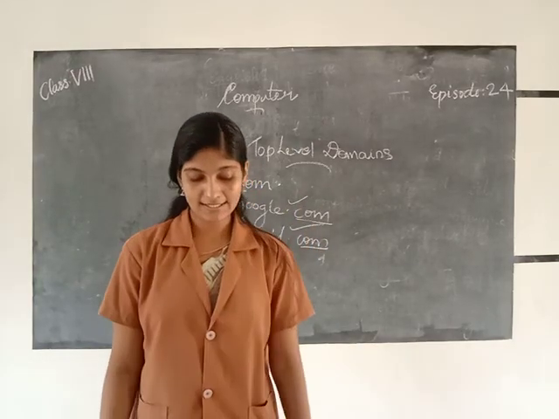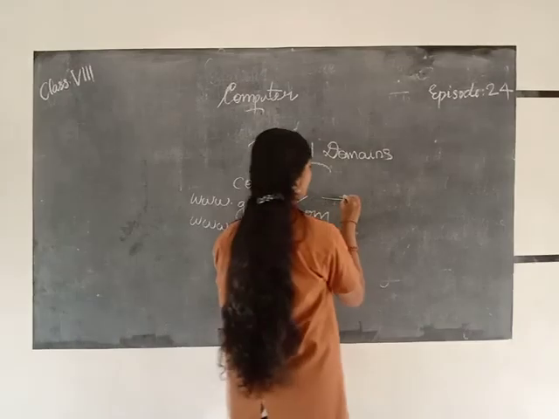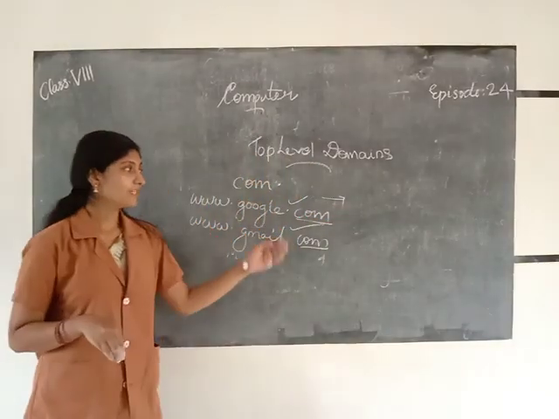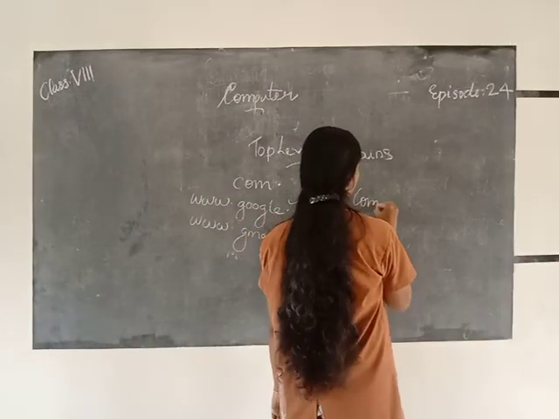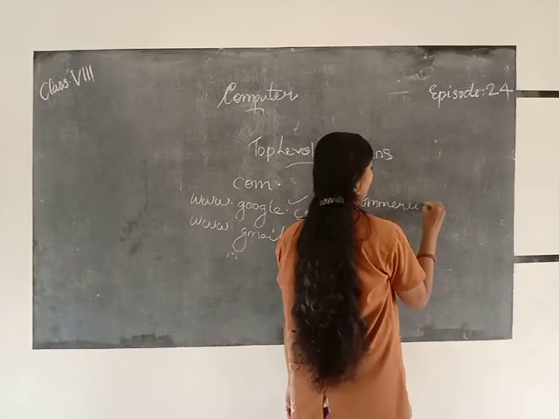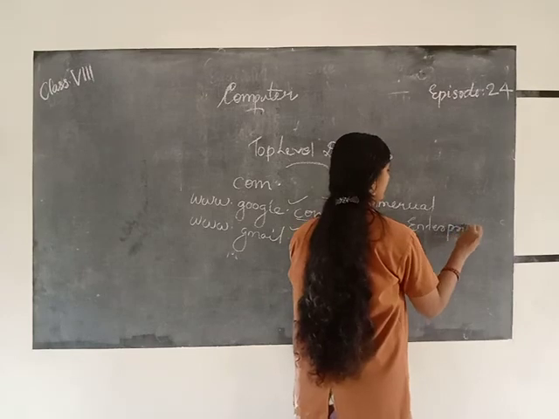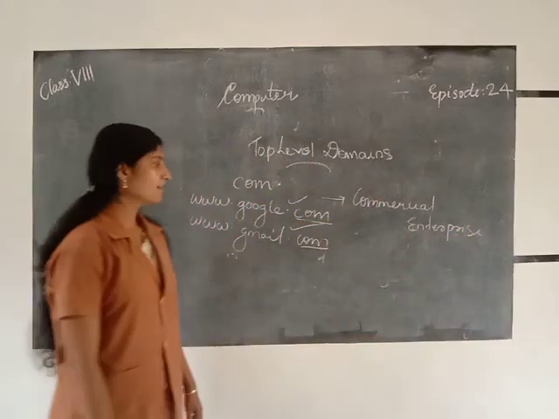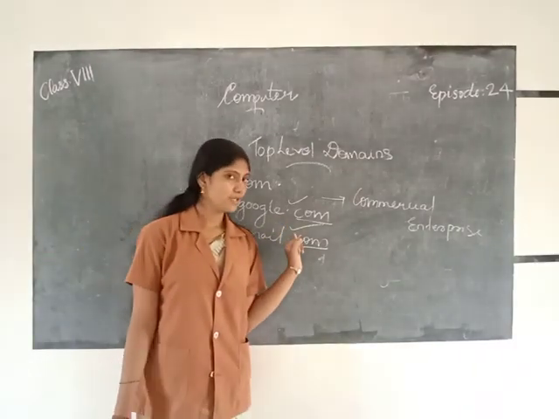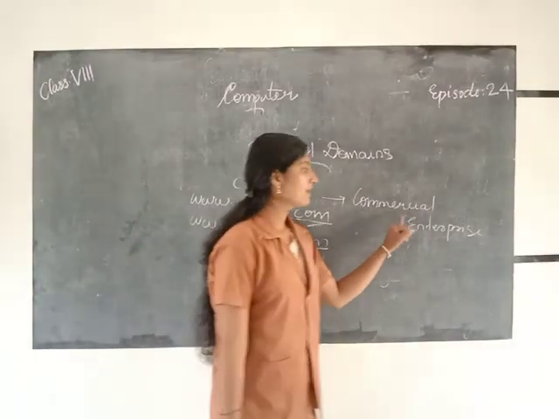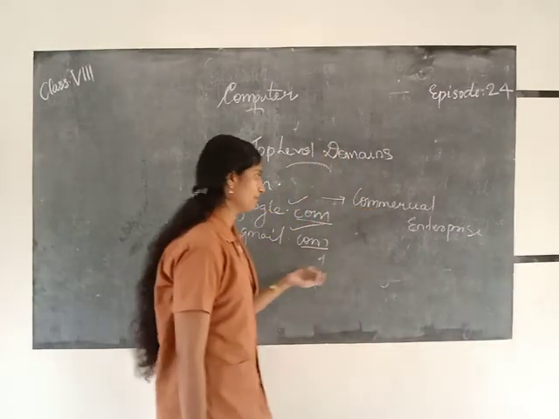Com means commercial sites or commercial enterprise. These are the sites which are under commercial enterprise. So the first top level domain is com, for example google.com or gmail.com. It is used for commercial enterprise.